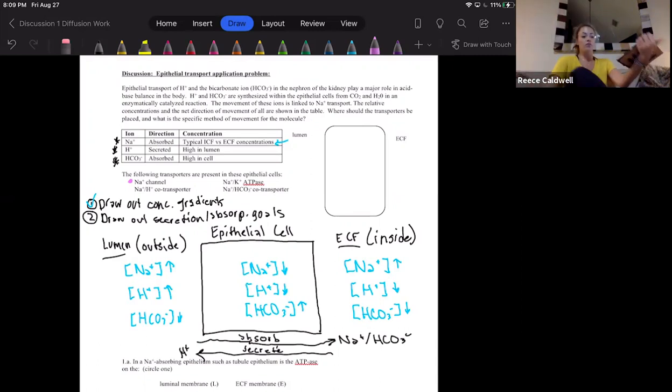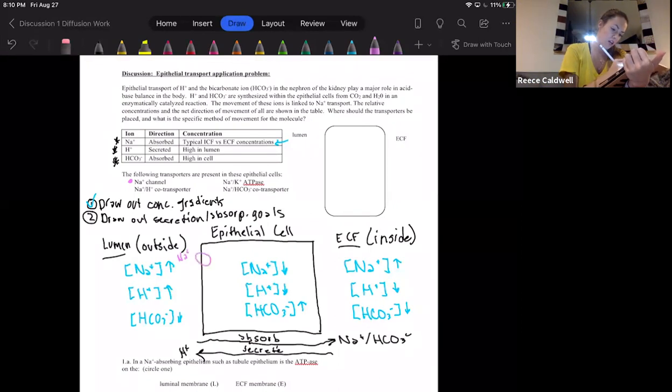I don't know if you want to draw this out as I'm going along or wait until the end, just because we will be erasing. You can use X's if you would like. Let's go ahead and draw out two possible scenarios for this sodium channel. So we have sodium out here on the outside.